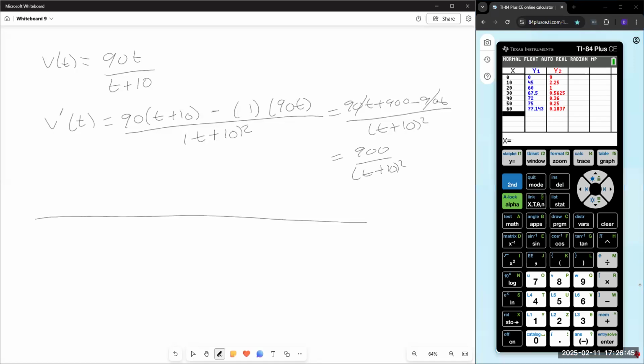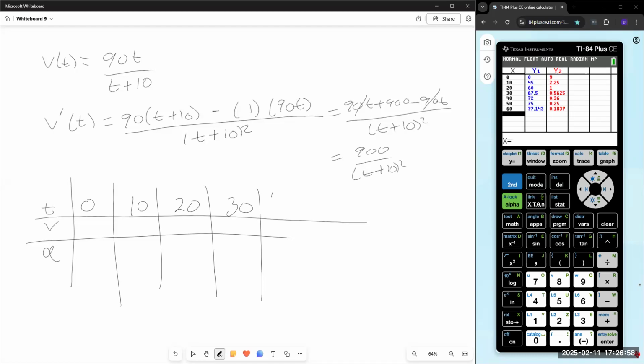So we have t, v, and a. And this is going to be at 0 seconds, 10 seconds, 20 seconds, 30 seconds, 40 seconds, 50 seconds, 60 seconds, and just know that v is in feet per second and a is in feet per second squared.